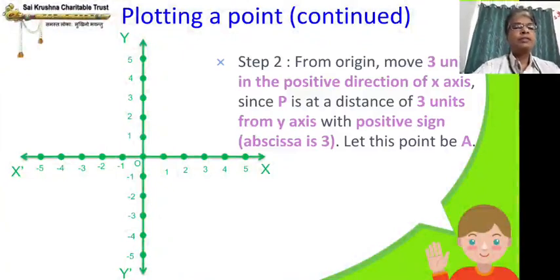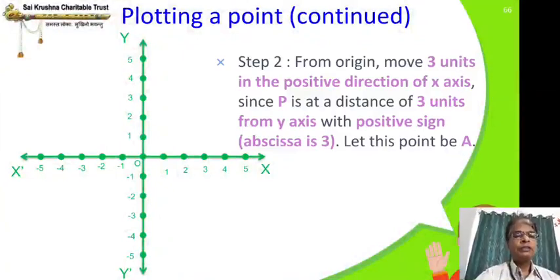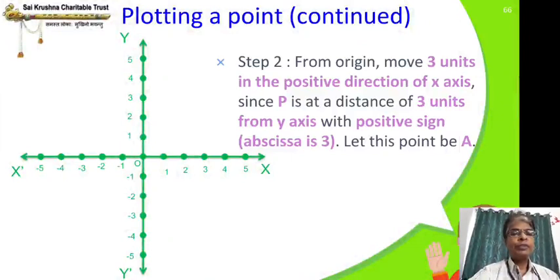The next step is, from the origin, move 3 units in the positive direction of the x-axis, since P is at a distance of 3 units from the y-axis with positive sign. That is, the abscissa, the x-coordinate, is 3.